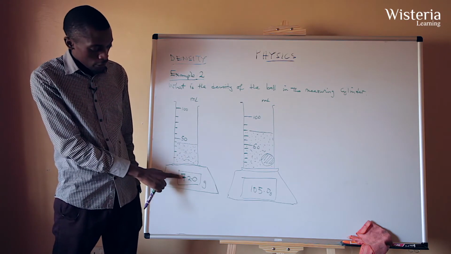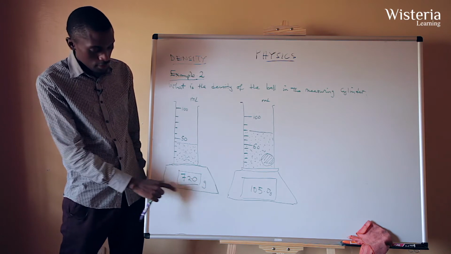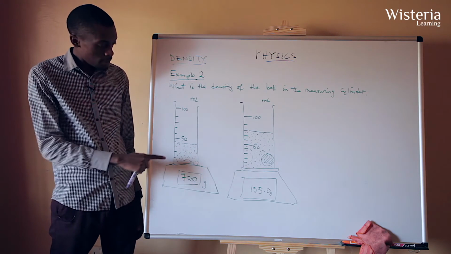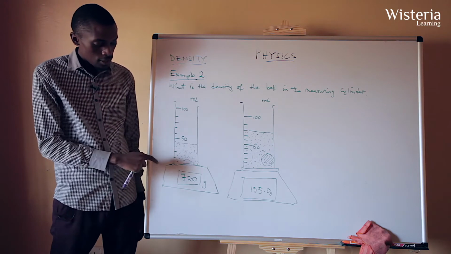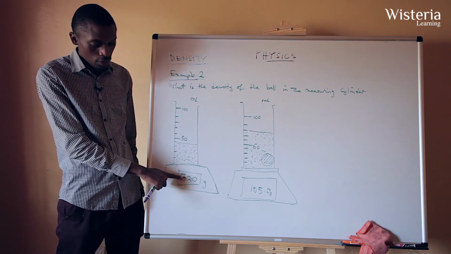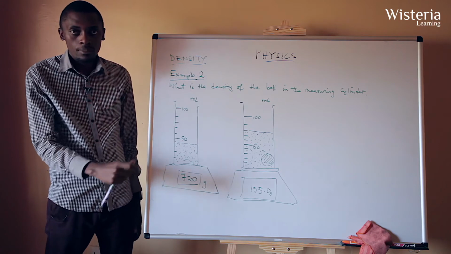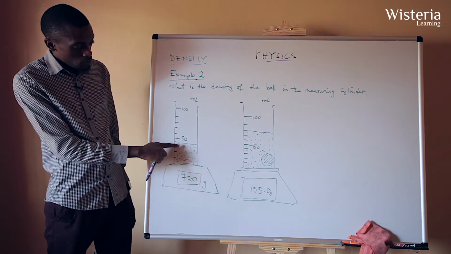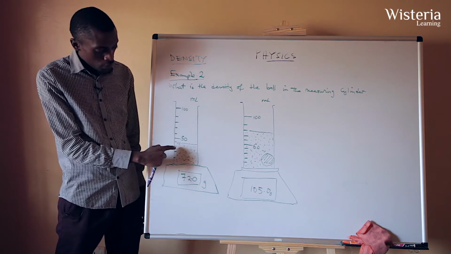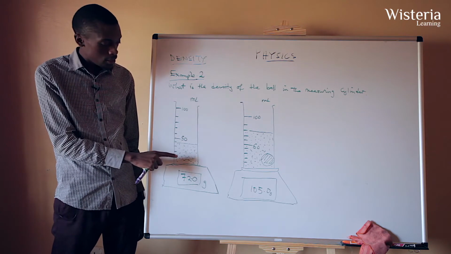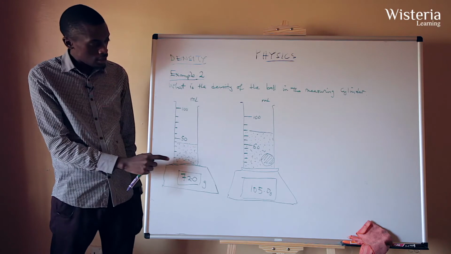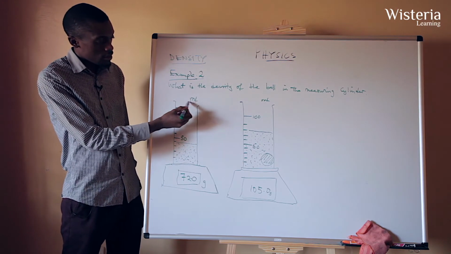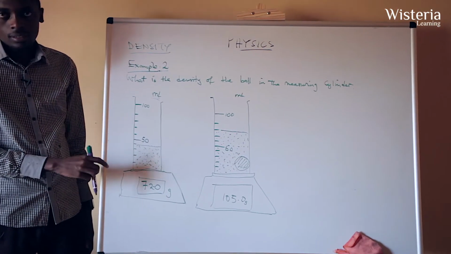The 72.0 grams is telling us that the mass of the water plus the measuring cylinder itself is equivalent to 72.0 grams. Now, what is the volume of the water inside the measuring cylinder? Here we can see that this measuring cylinder has graduations in milliliters.